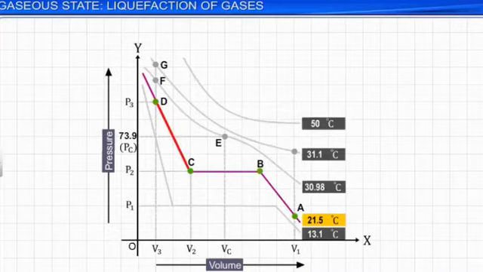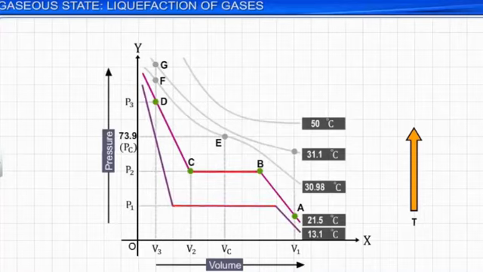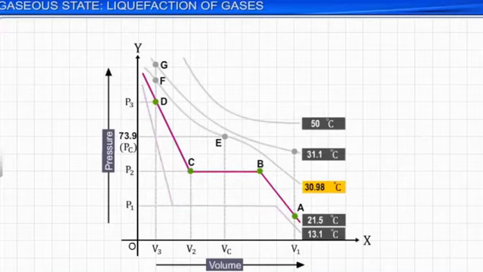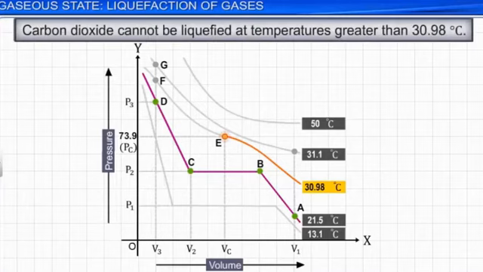When the temperature is raised further, the horizontal portion in the graph becomes smaller and smaller. And at 30.98 degrees Celsius, it is reduced to a point represented by E. This shows that above 30.98 degrees Celsius, carbon dioxide cannot be liquefied at all, no matter how great the applied pressure is.